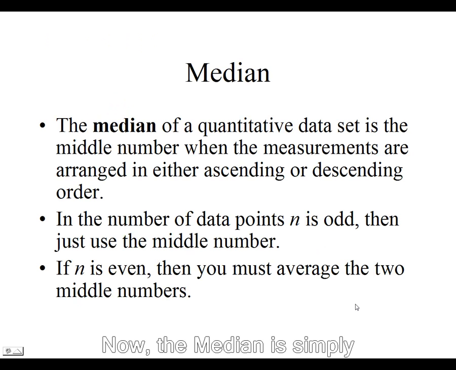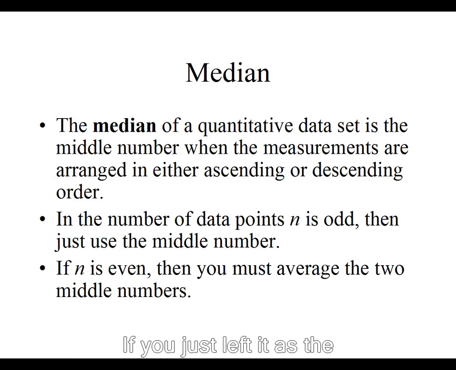Now, the median is simply the middle of the data set. It's pretty simple to calculate. You just have to first put the data into either ascending or descending order so that you can find the middle. If you just left it as the data set when it's not in any sort of order, the middle two numbers typically don't work.